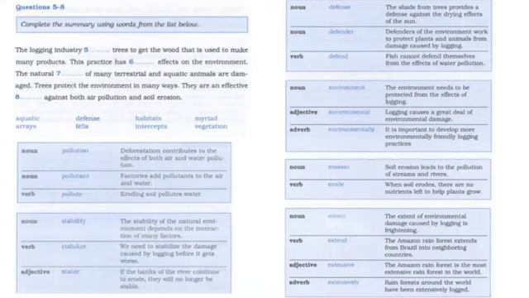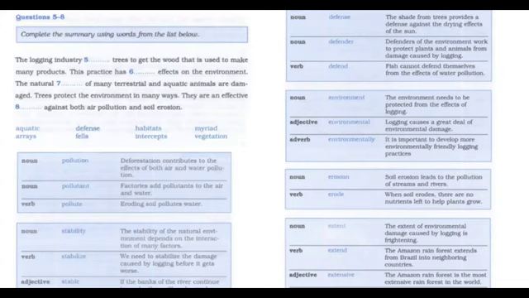Vegetation is like plants. Effective something against both air and soil erosion. As a hint, I will say that it's a noun.